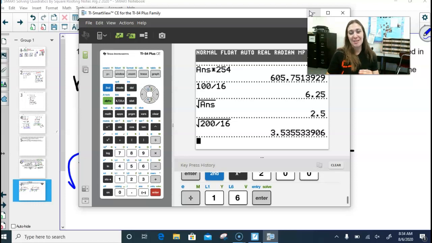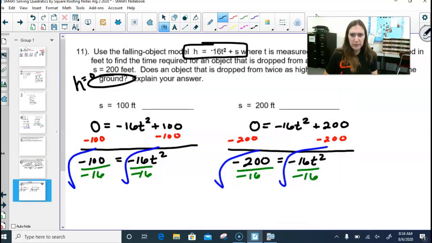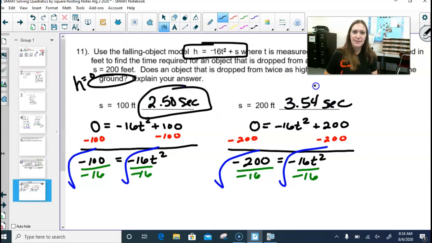It's going to be less than doubling the answer. So, 2.5 versus 3.54. We've taken some rounding liberties here, but the point is, no, they are not double.